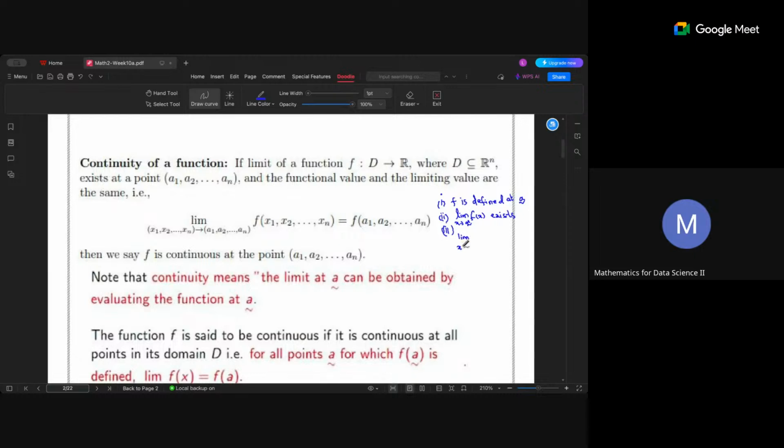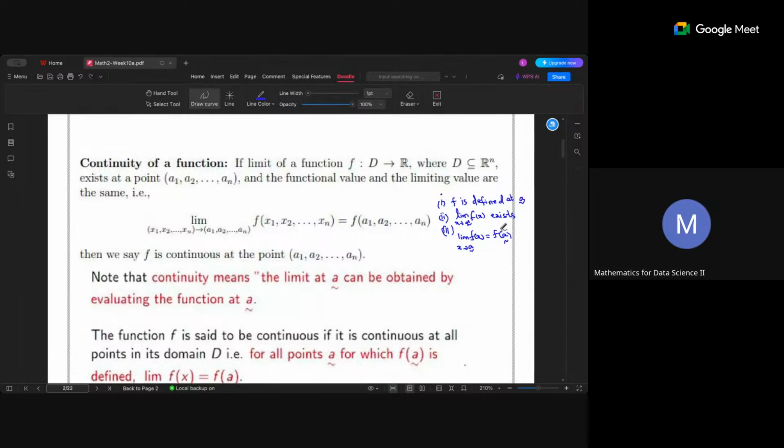And the third condition is, what is the third condition? Can you tell? It is there on the screen itself. This should be equal to what? The value at a point. What is that point? A tilde. Okay, so if all these conditions are satisfied, then we say that f is continuous at the point a tilde.